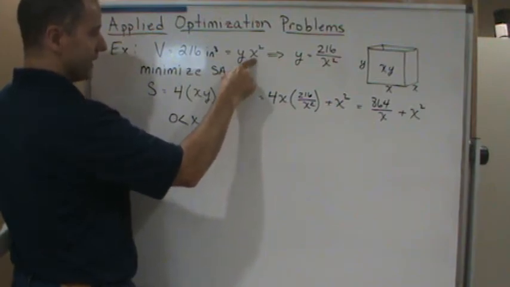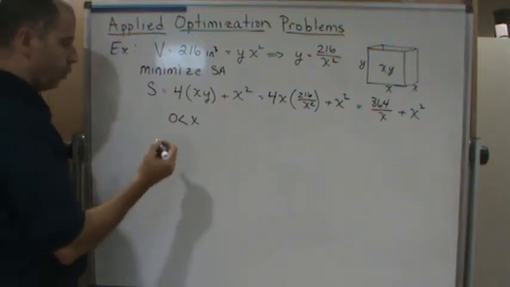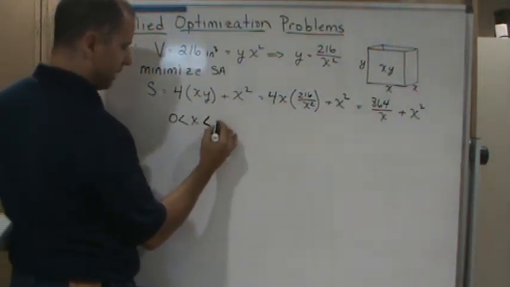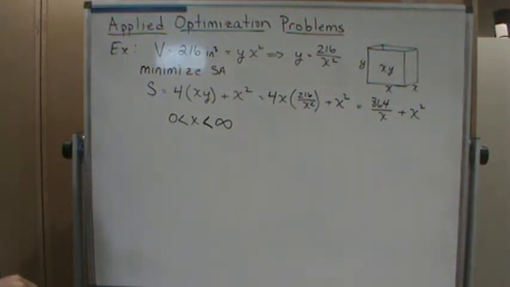So as x gets larger, y is getting smaller, and in this case x can go on to infinity. So here's an example where we have an unbounded open interval.